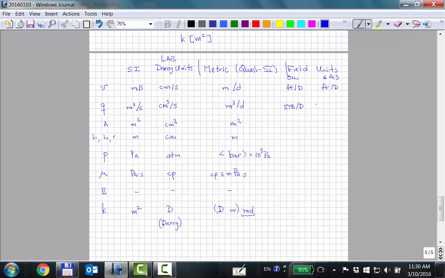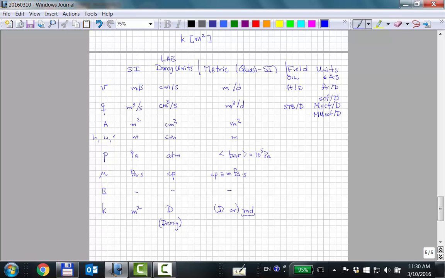But on gas, you've got many different ones. 1,000 standard cubic feet per day, million standard cubic feet per day, or possibly just standard cubic feet per day. Like the book Well Performance that Professor Golan and I wrote back in '86, we consistently use standard cubic feet per day.